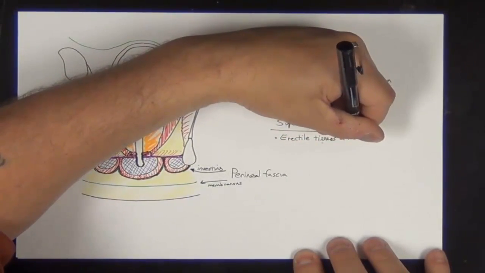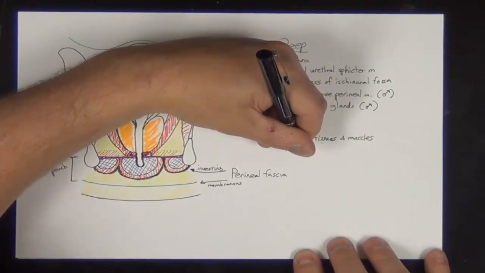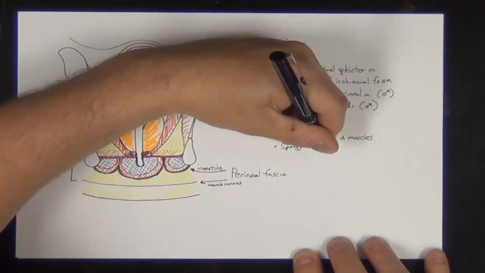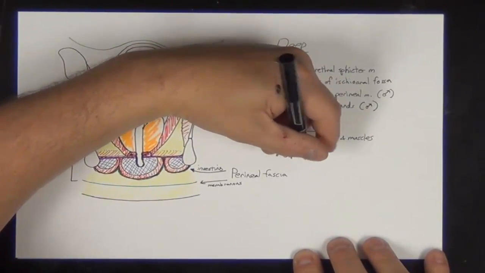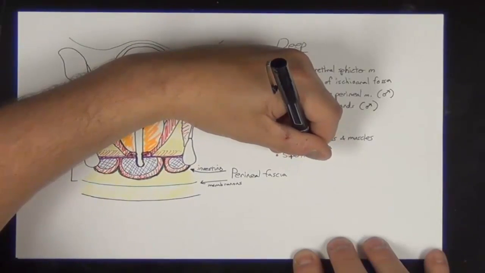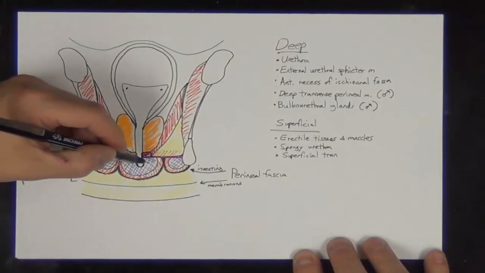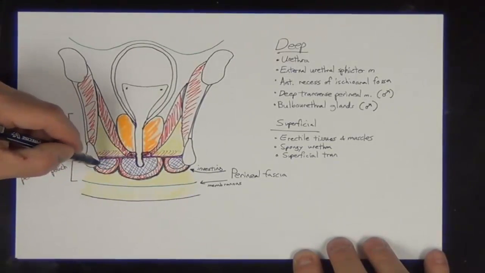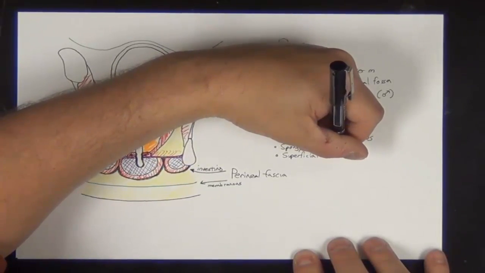So a superficial pouch is going to contain the erectile tissues and their muscles, spongy urethra, superficial transverse perineal muscle would be out of plane of this area, but a little further posteriorly on the posterior aspect of the perineal membrane there.